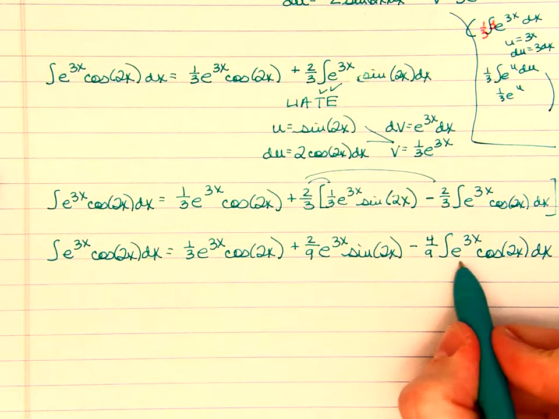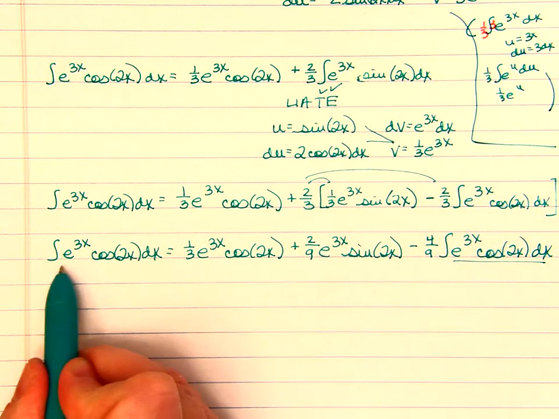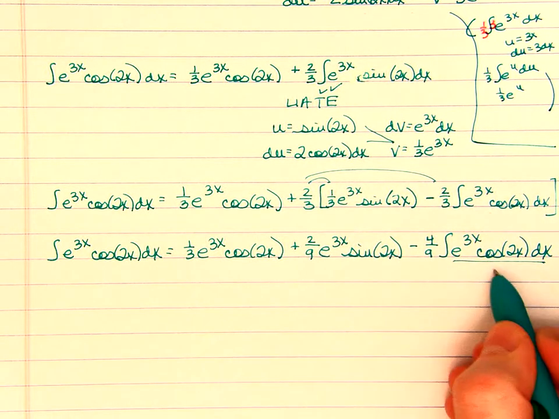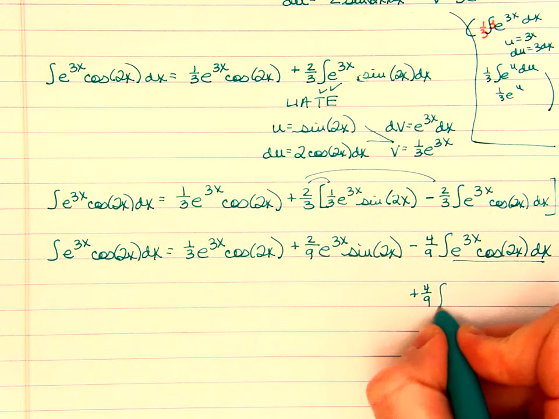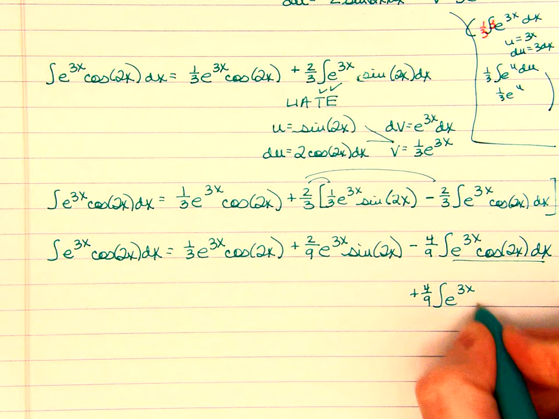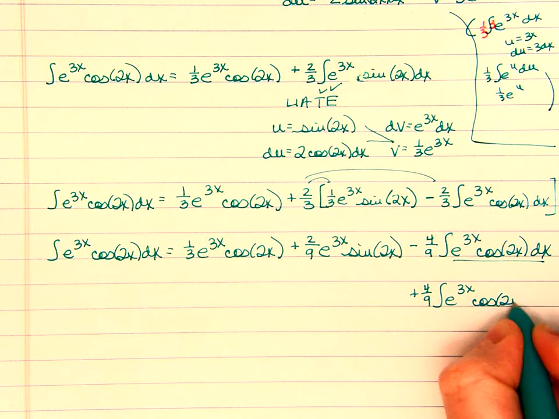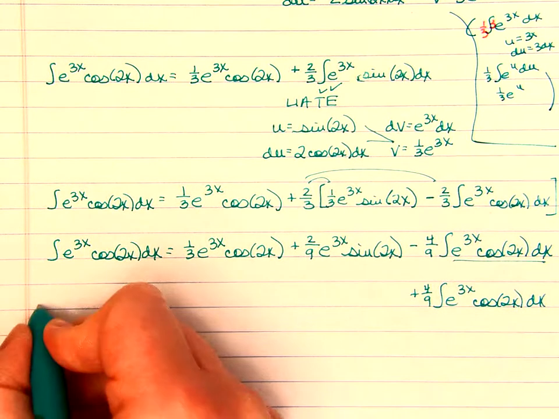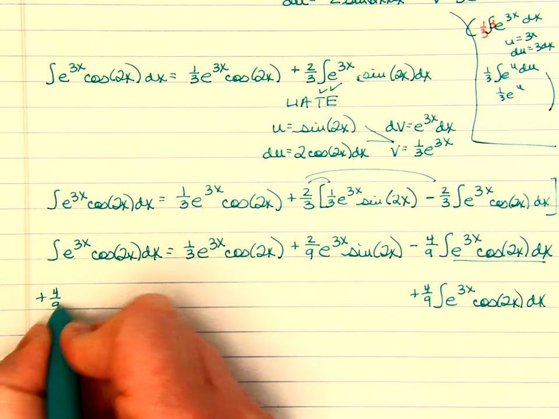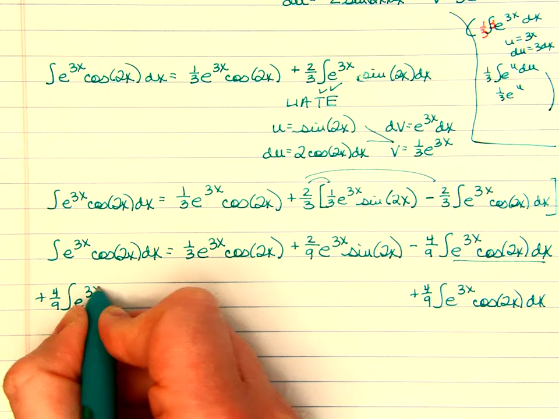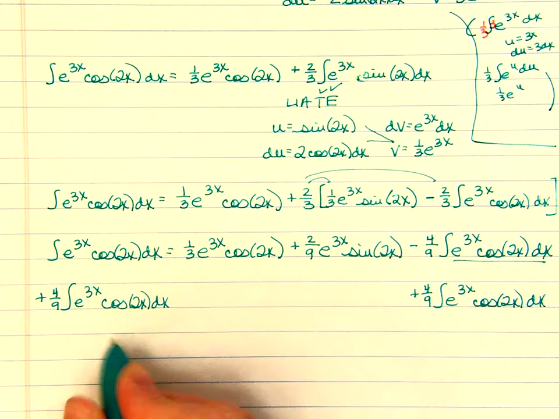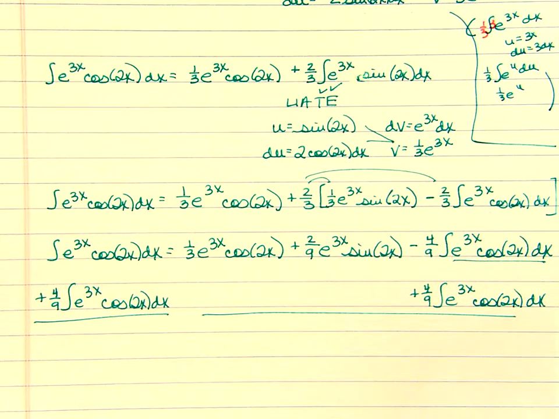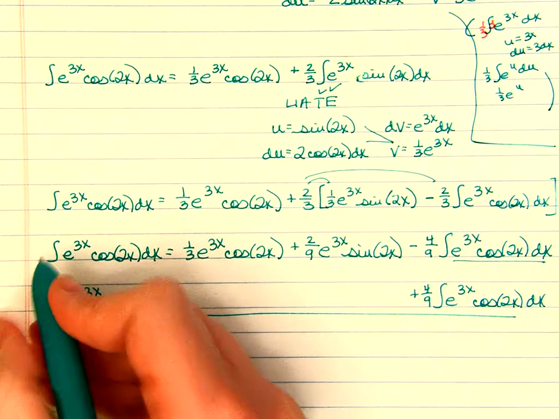Now that I have the same thing inside this integral that I had in the original problem, I'm going to move that from the right to the left, and I'm going to say plus 4/9 times the integral of e to the 3x cosine 2x dx. Let's see, I have one of those plus 4/9 of those.